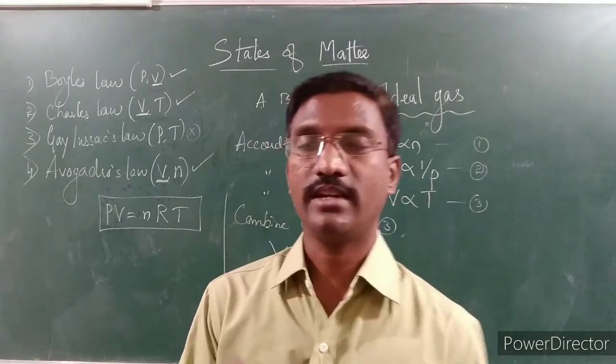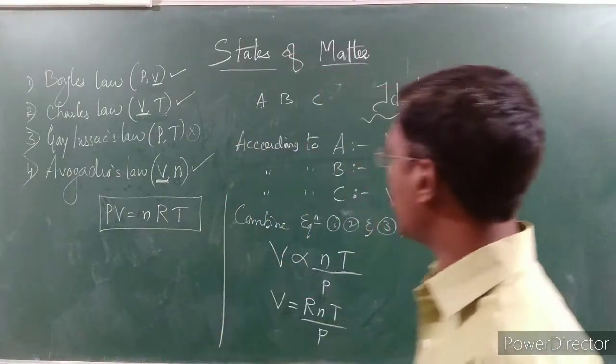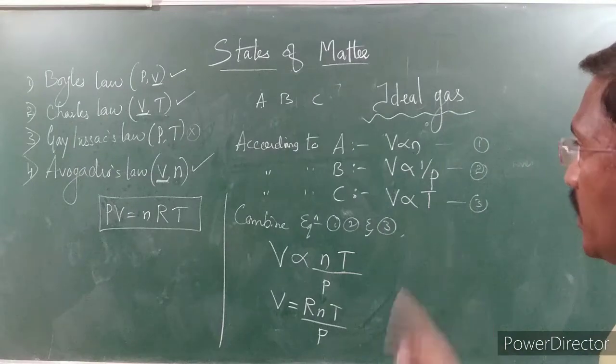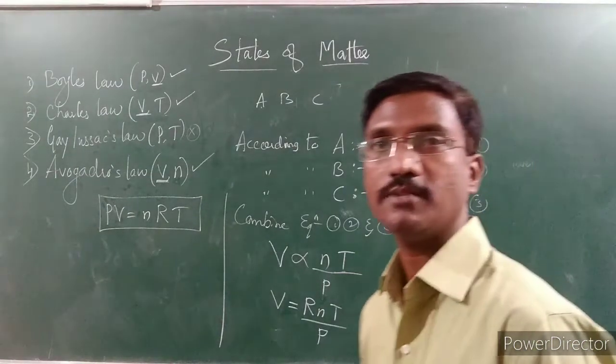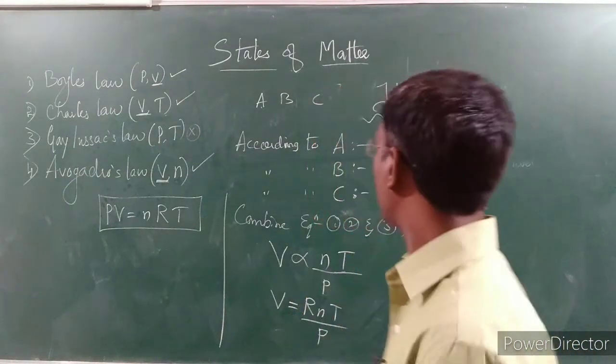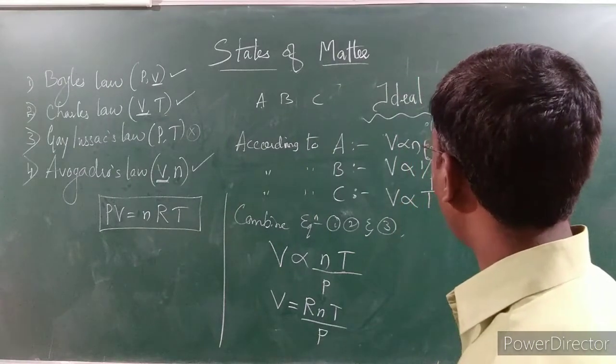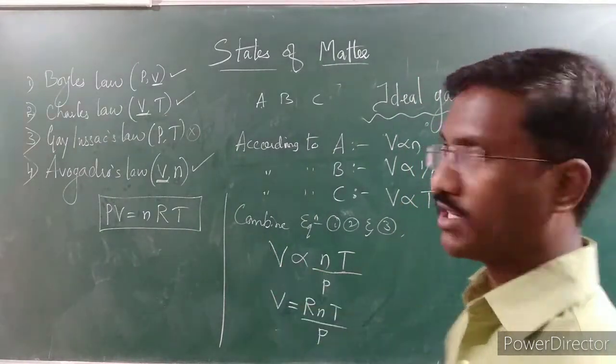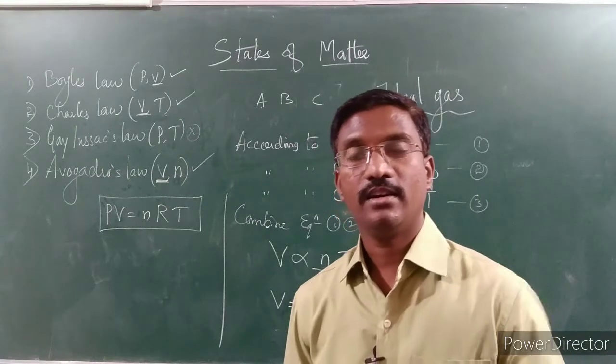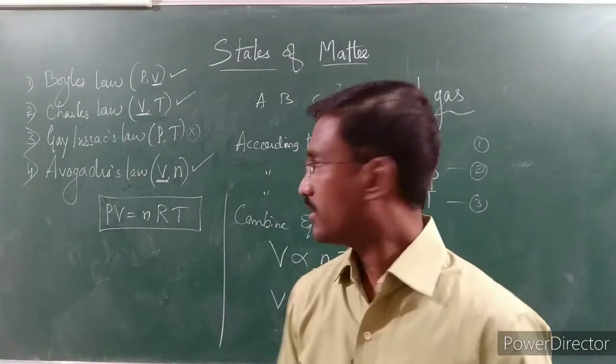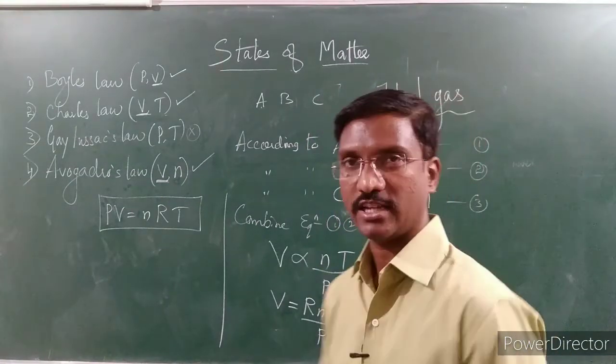So soon after writing this final expression, we have to define the terms. So this is about the ideal gas. How we have to define it, and the final expression, is the most important even for problem solving. Okay, let's see the next one.